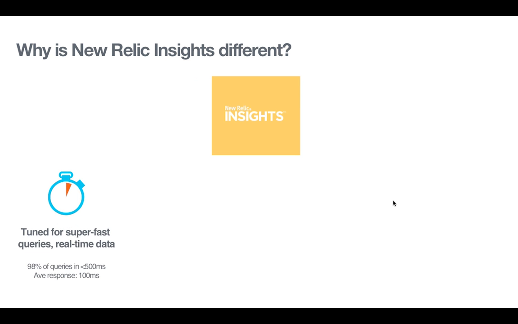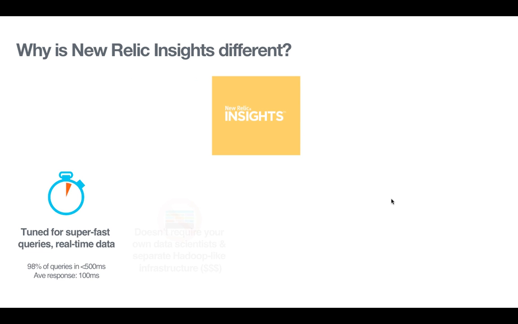I do want to talk just briefly, because there's a lot of big data products and solutions out there in the market today, about what really makes New Relic Insights different. Really, there's a handful of things. Number one is that New Relic Insights was tuned for super fast queries against real-time data.